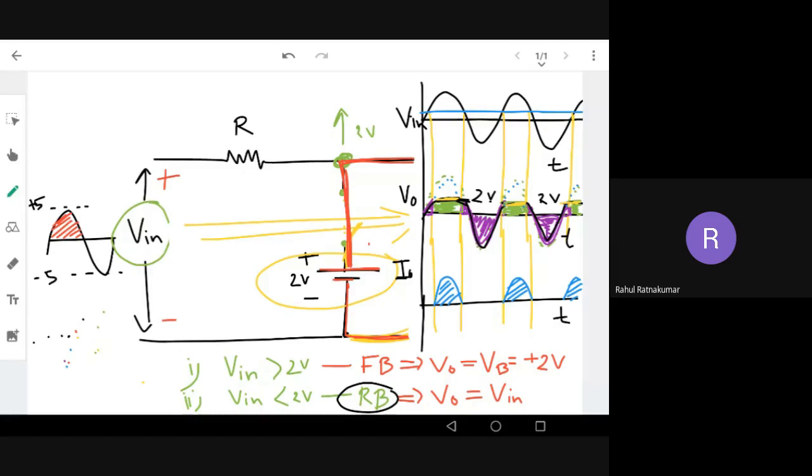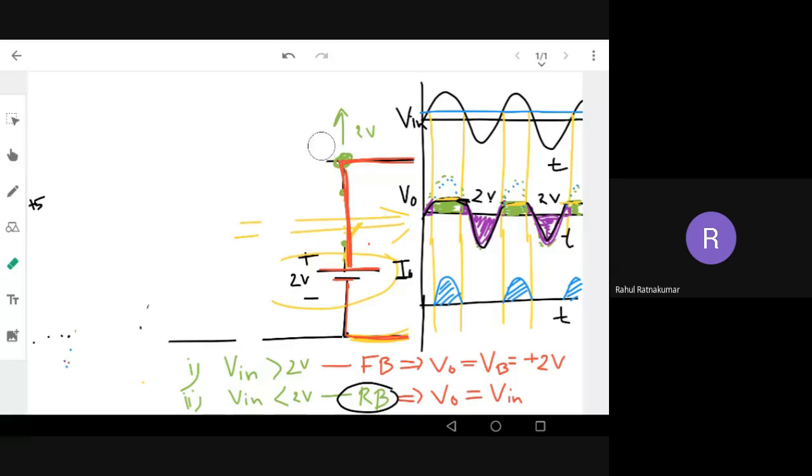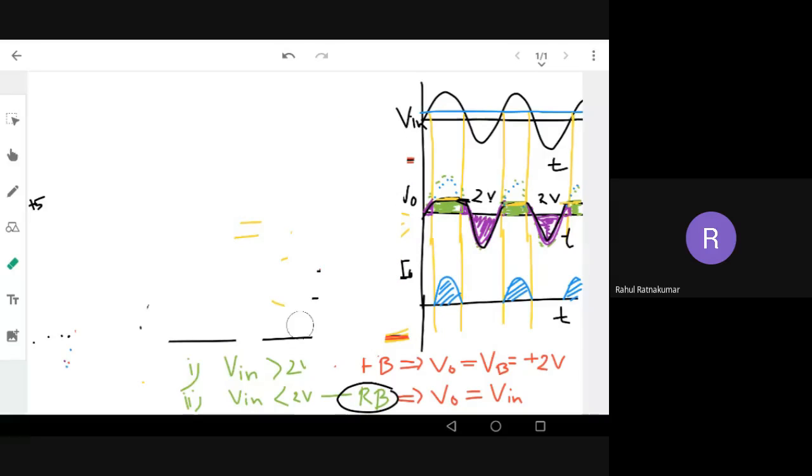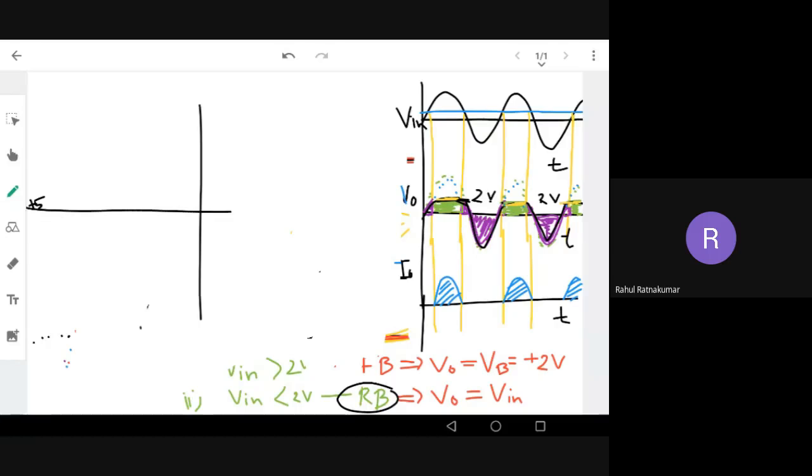Now from this waveform we can draw V out versus V in, as well as I out versus I in. Let's draw V out versus V in first. This is your graph: this is V out, and this is V in.